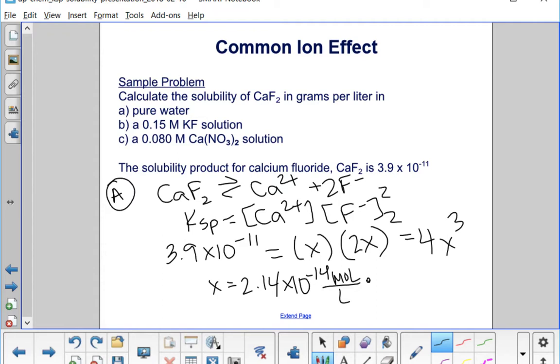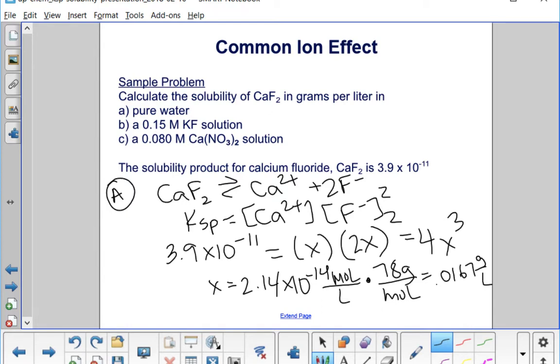And I need to multiply by the molar mass of calcium fluoride, which is 78 grams per mole. That gives me a solubility of 0.0167 grams per liter. All right, so that's the solubility in grams per liter of pure water.